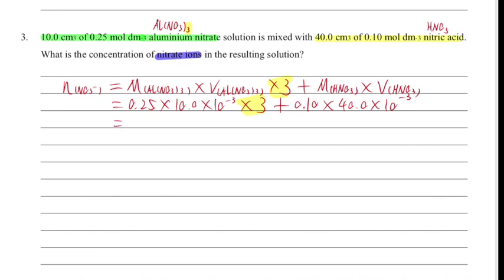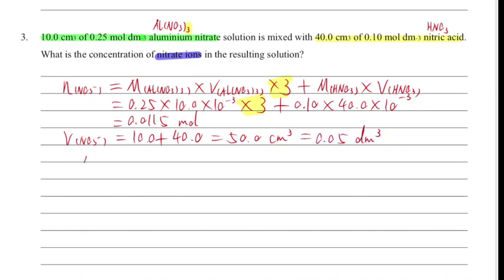Okay, and the final answer should be 0.0115 mole. And then the volume, we'll just add them up. It should be 10 plus 40, so 50 cm cube. And we convert the unit here, so it will be 0.05 dm cube.